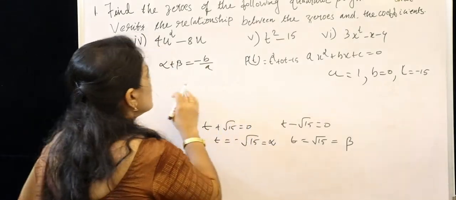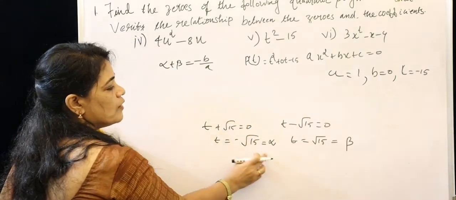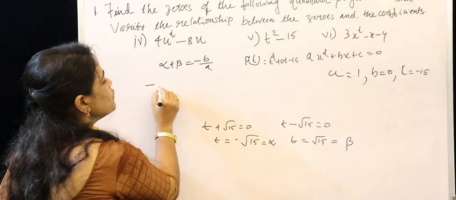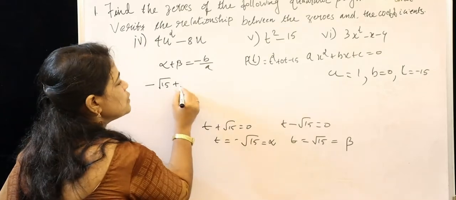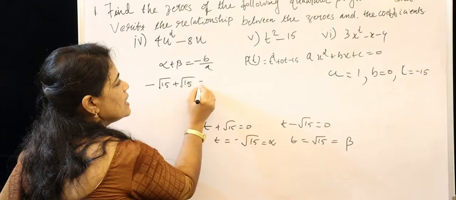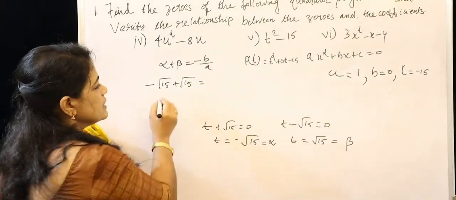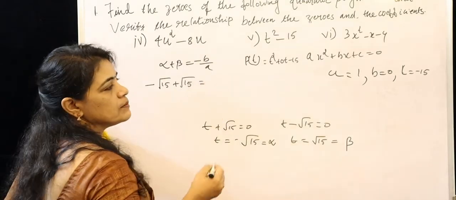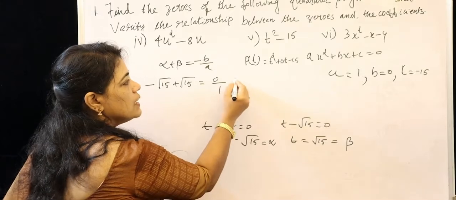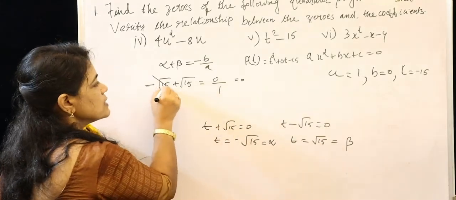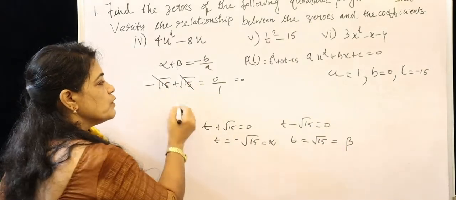So here comes alpha plus beta. Alpha is minus root 15 plus beta is plus root 15 equal to, what is it? Minus of b, b itself is 0, so 0 by 1 equal to 0. Here children, minus root 15 plus root 15 is also 0.